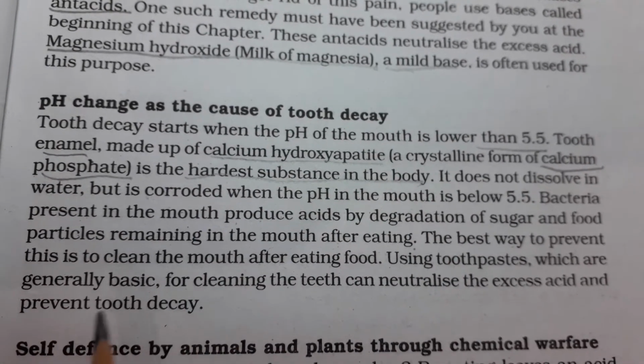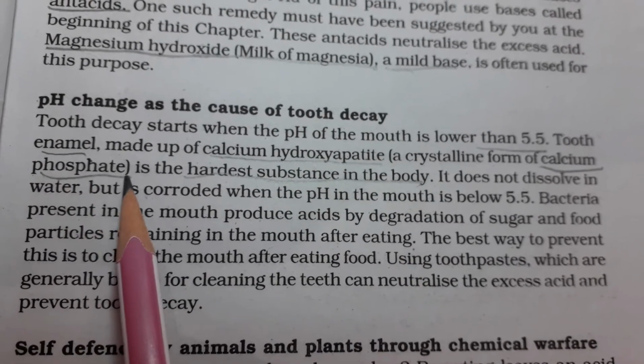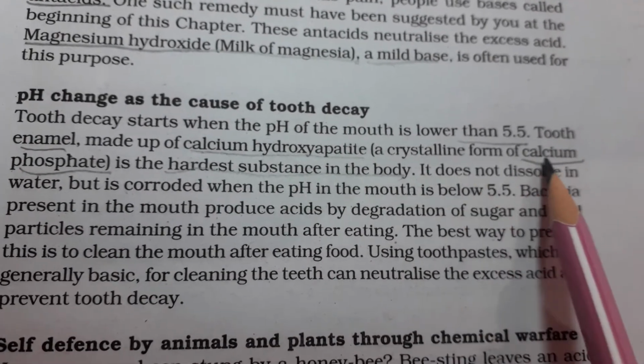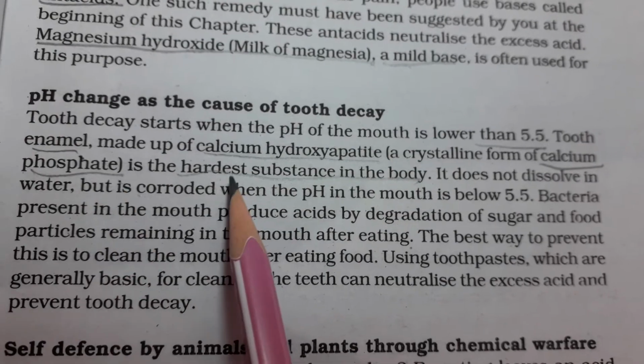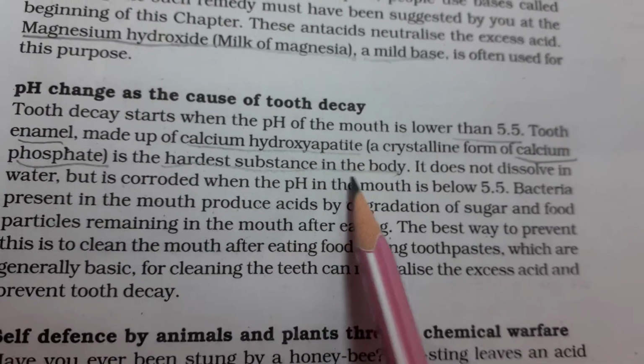So you have to remember that our tooth enamel, which is made up of a crystalline form of calcium phosphate, is the hardest substance in the body.